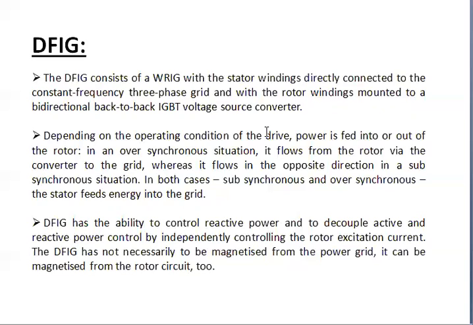It is beyond the scope of this video to cover the converter in detail. The main idea is that the rotor side converter controls the active and reactive power by controlling the rotor current components, while the line side converter controls the DC link voltage and ensures converter operation at unity power factor, that is zero reactive power.